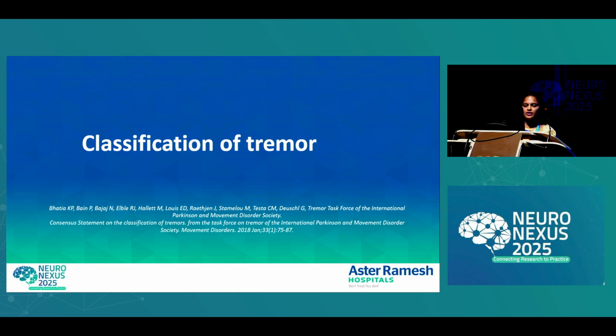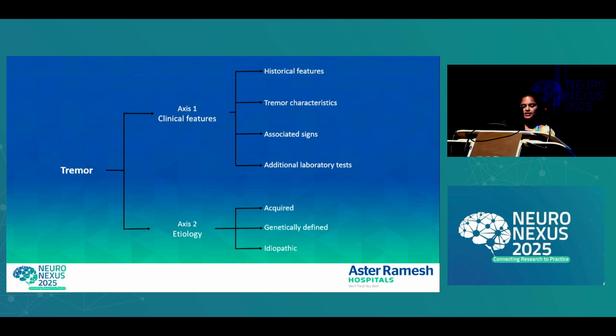Next, the recent classification was updated in 2018. It is based on axis 1 and axis 2. Axis 1 is based on the clinical features and axis 2 is based on etiology.